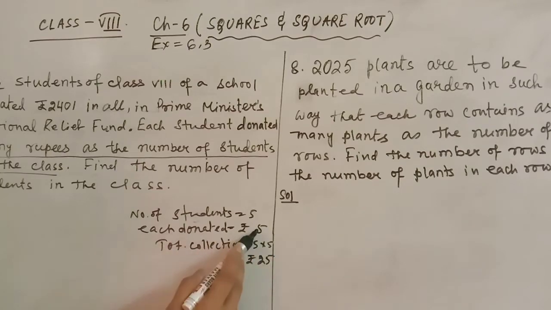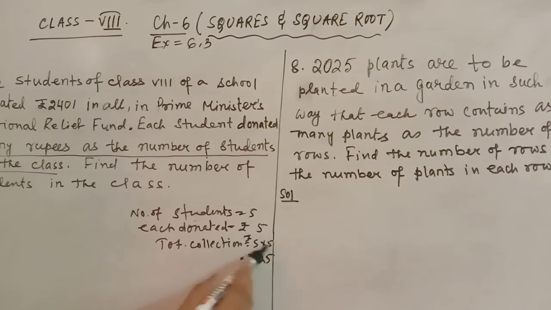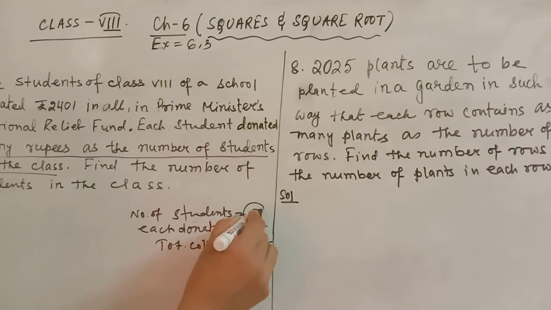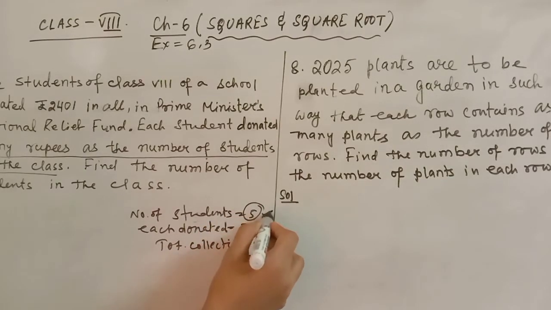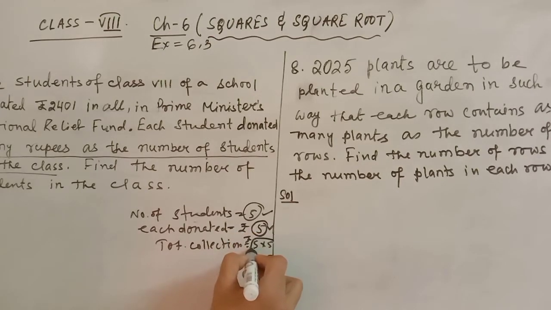Understood? As many rupees as the number of students. So if the number of students is 5, then each will contribute rupees 5. Then the total money collected is a square number.